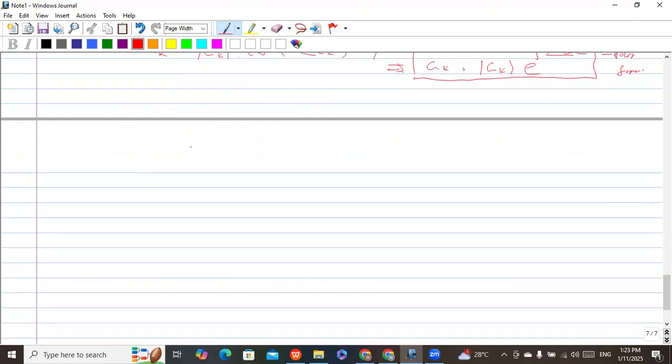You can see that if you consider the Fourier series coefficients, there is a magnitude, that is the magnitude of Ck, and there is a phase. Sometimes we plot these.